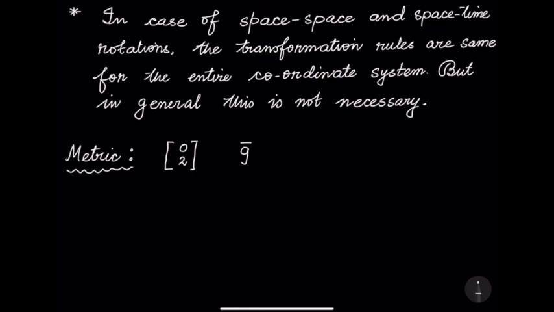Because it is (0,2), it takes two vectors as input. So if the vectors are A and B, it takes them as input and it gives a scalar which is the scalar A alpha, B beta, G alpha beta. What are G alpha beta?